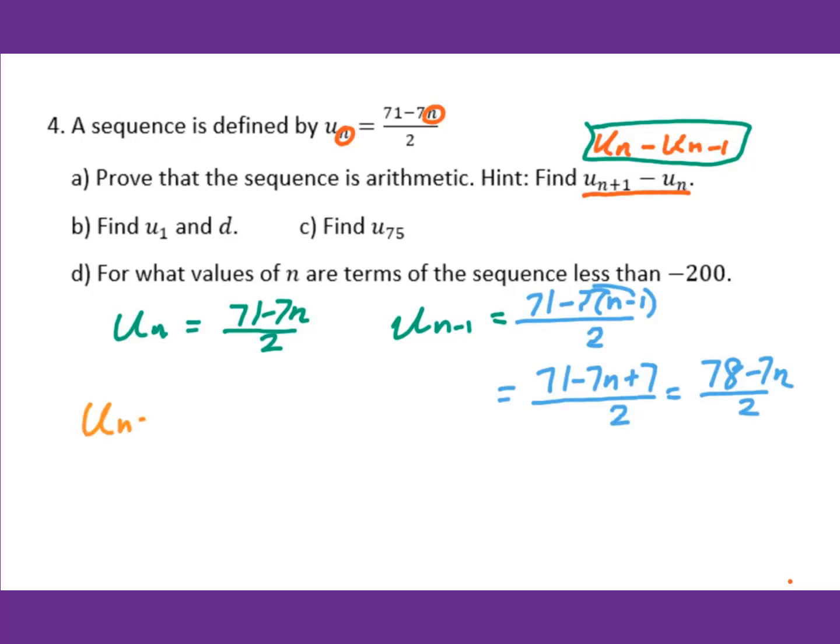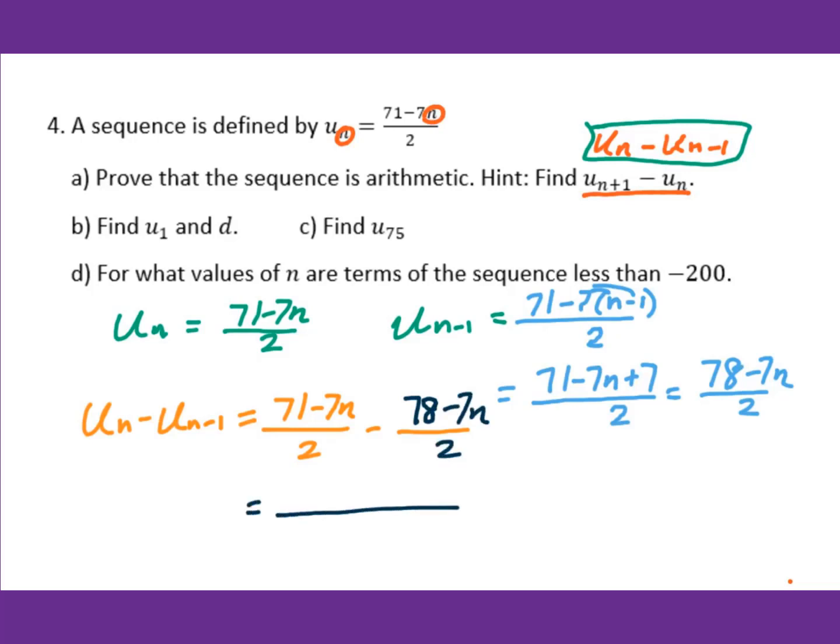Therefore, U sub n minus the previous term, you will get 71 minus 7n over 2 minus 78 minus 7n over 2. So we put this together, we have the same denominator, 71 minus 7n. This is a negative, that means you have to change the sign, so minus 78 plus 7n.